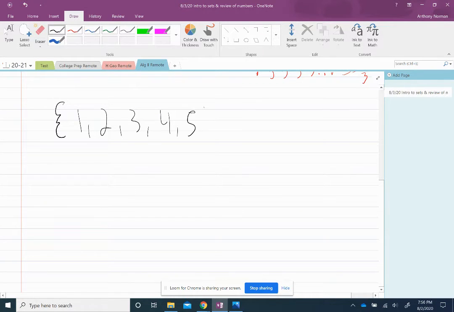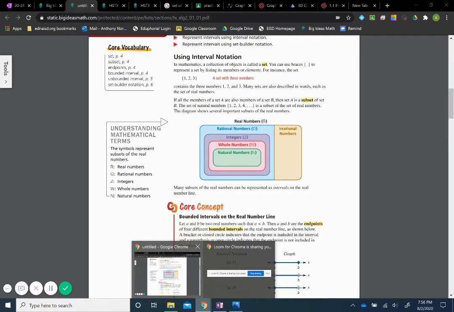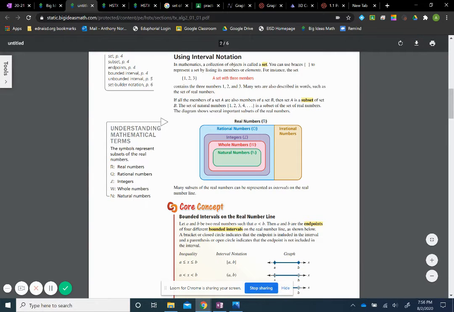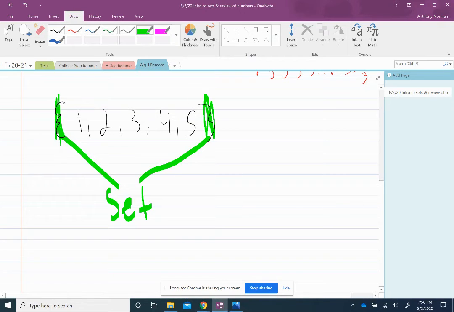So I'm going to write a set. And we know it's a set because of these two parts. So this is a set. We also have a thing called a subset. A subset is just a smaller version of a set.